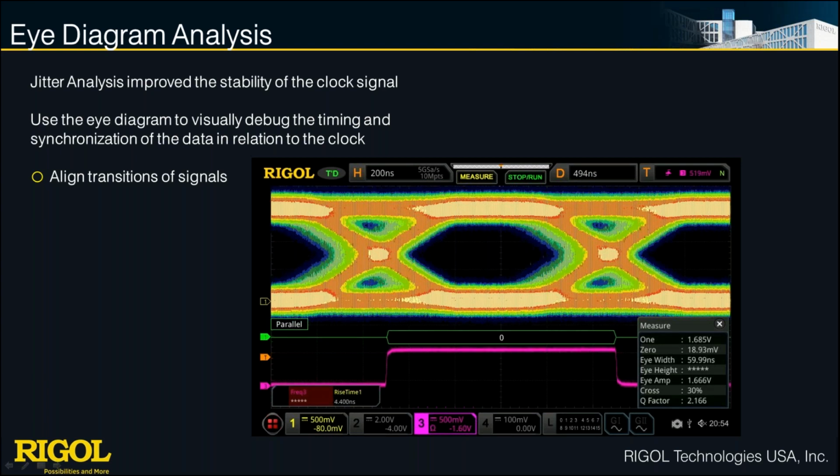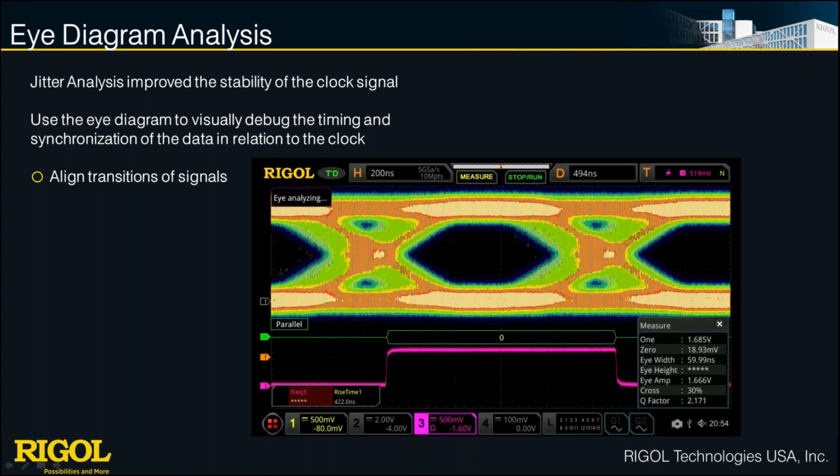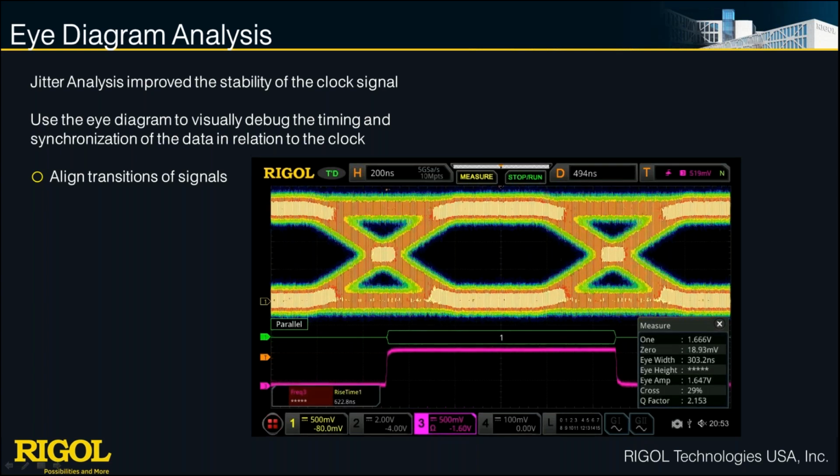So this issue is really about making sure that our clock and data are staying synchronized. And this is what an eye diagram looks like when that synchronization starts to fail. Right? So we've debugged the clock, and now we can debug the signal as well to really optimize versus that synchronization issue.